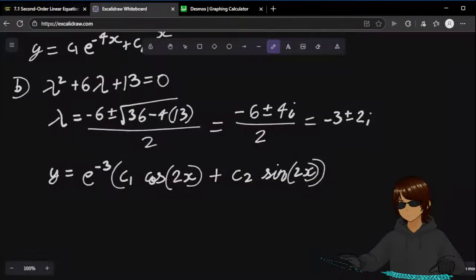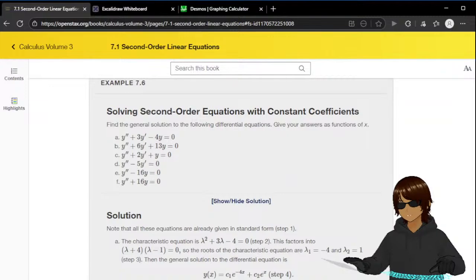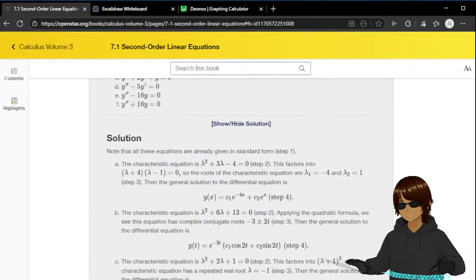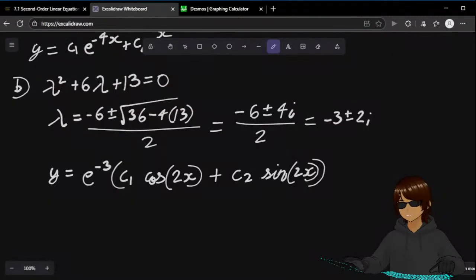It's t, not x. Yeah, who cares? 2t sine t minus 3.